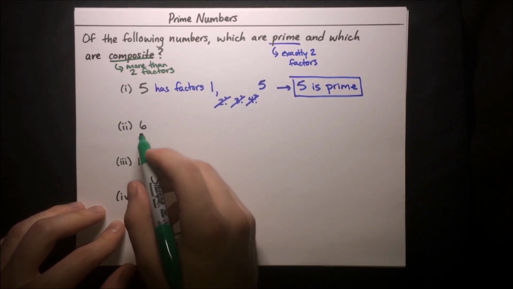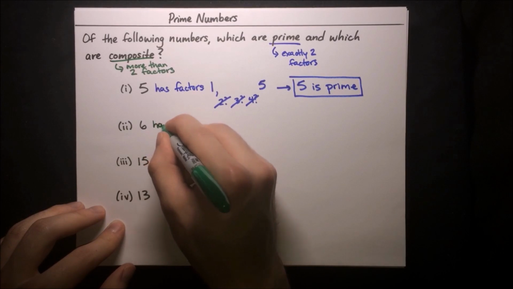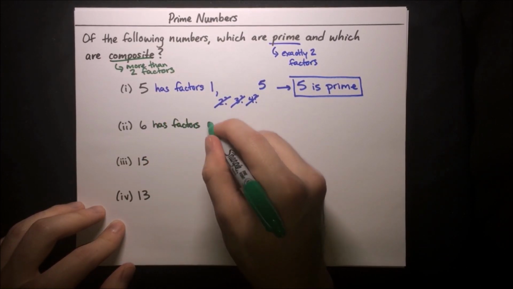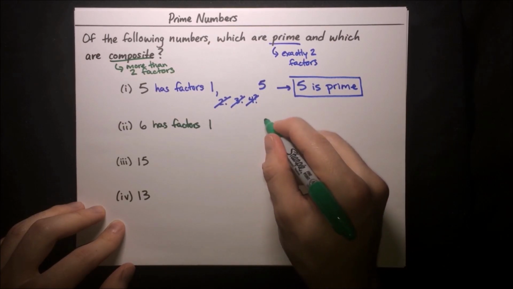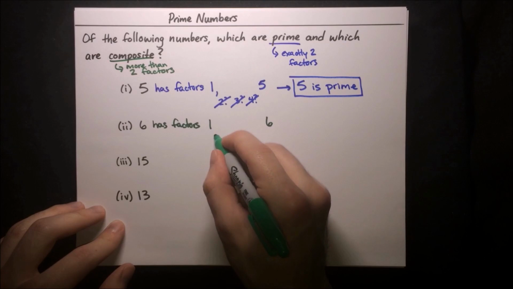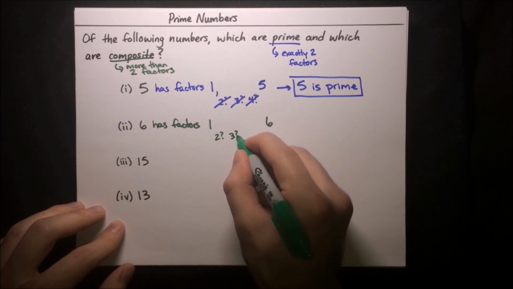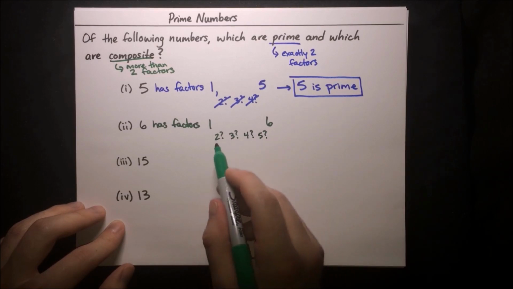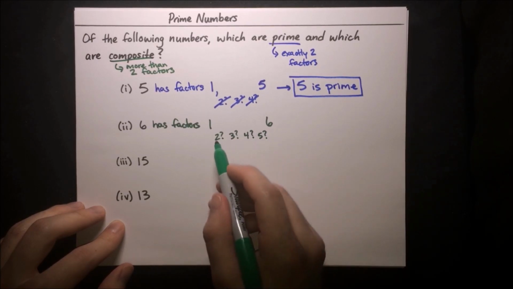Okay, so how about 6? 6 has factors, well, clearly there's 1 and there's also 6, but what about all the numbers in between? We should check those too. So what about 2 or 3 or 4 or 5? So is 6 divisible by any of these? Well, 6 is divisible by 2. 6 divided by 2 is 3.